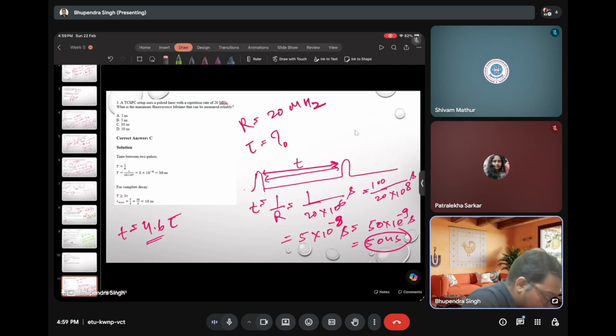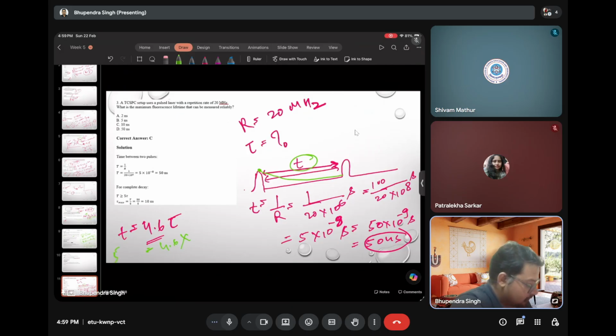Because you are exciting here, the molecule will come up here and then slowly keep on decreasing. So that is why this window is very important. The time window is 4.6 times the lifetime.